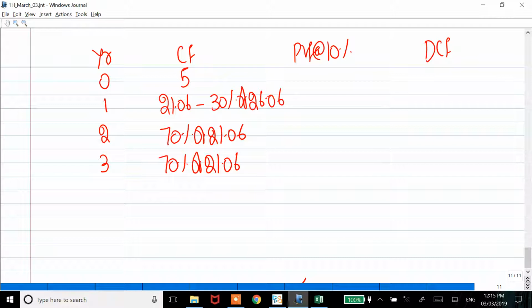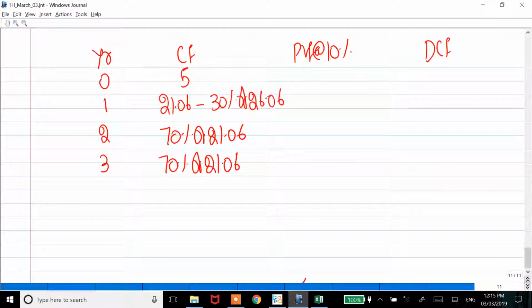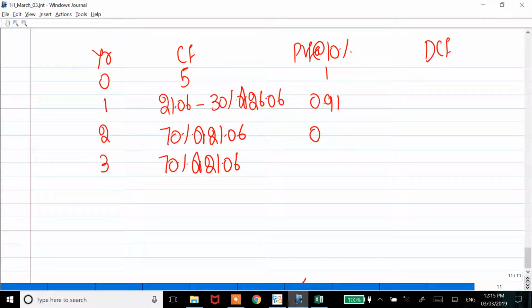If the question gives you 2 decimal PVF, follow them. Else, normally it's 3 digit. 1.91, 0.83. When you do the multiplication, they want a 2 decimal answer. Rounding off to be done in 2 decimals in lakhs.